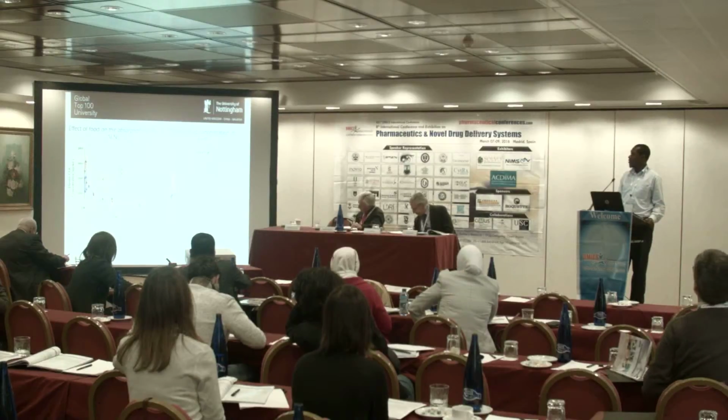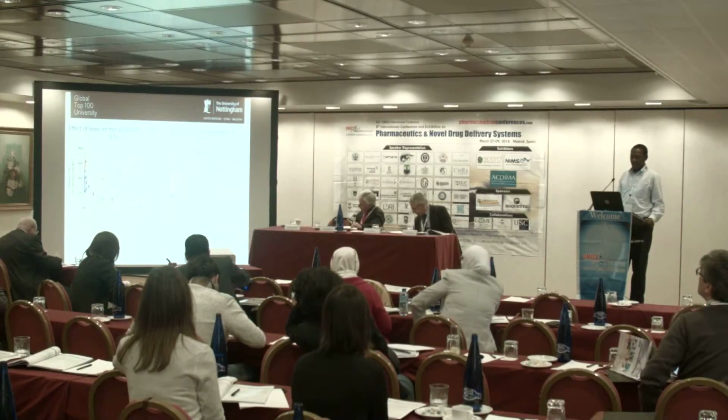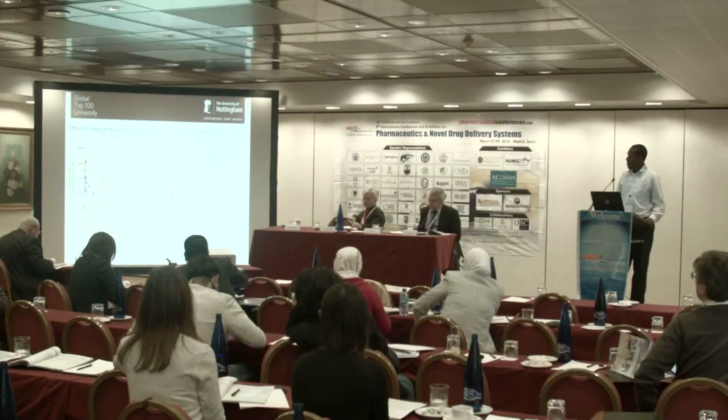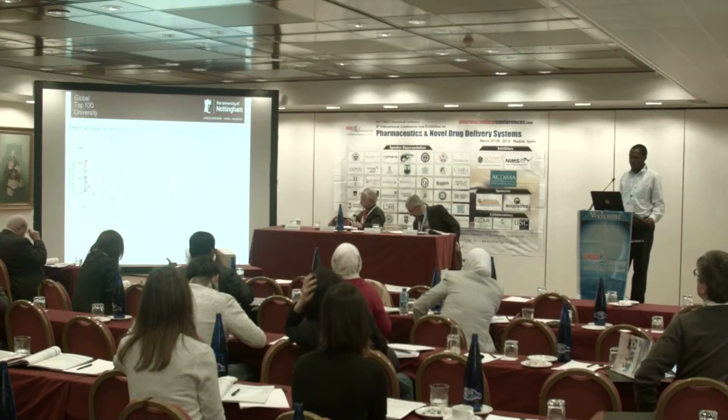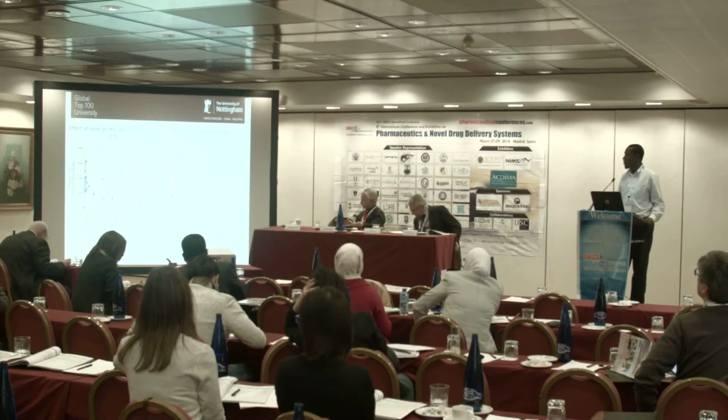I hope you can bear with me. So there's this peak over here, which is about 8 hours in the fasted rats administered paracetamol. And we see a similar peak as well in the case of amphotericin B, also about the same time.